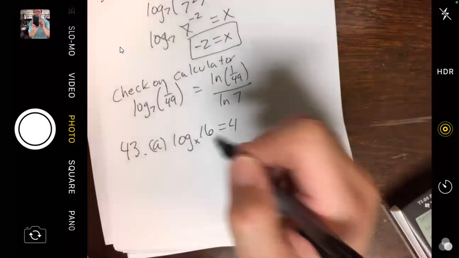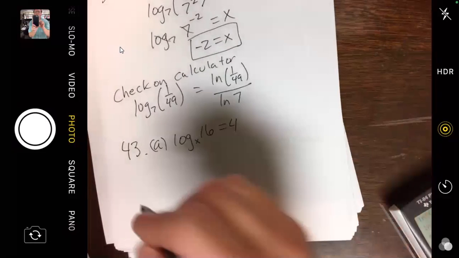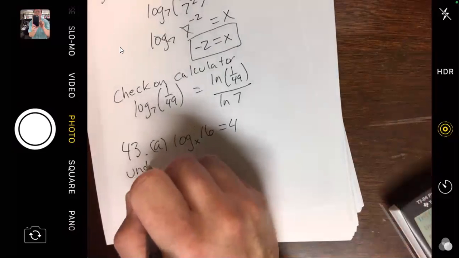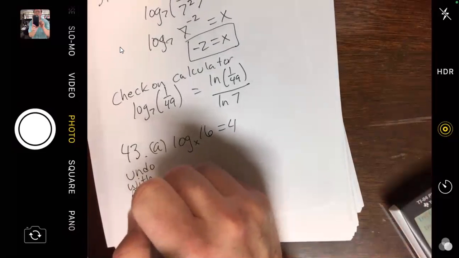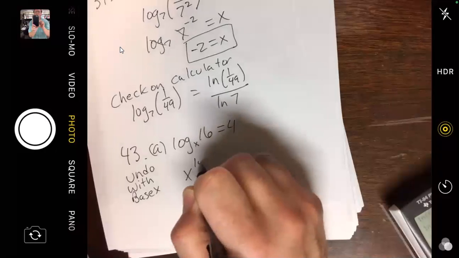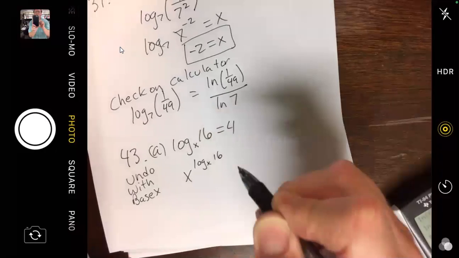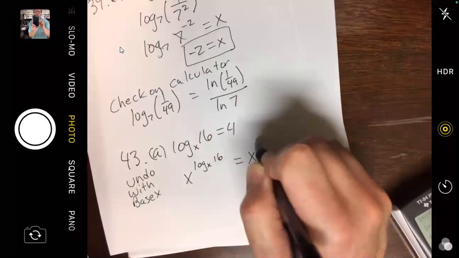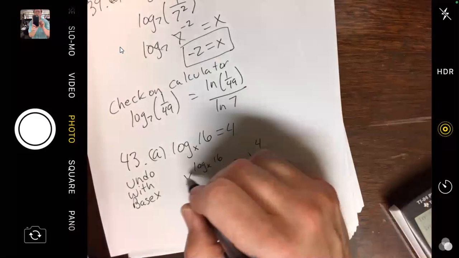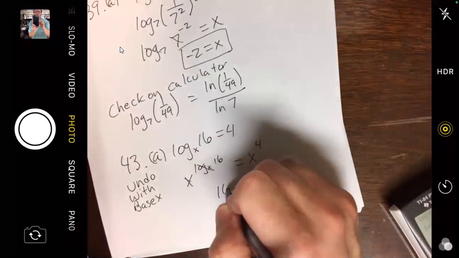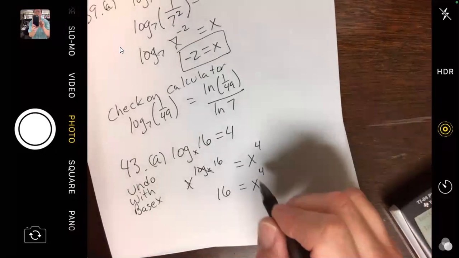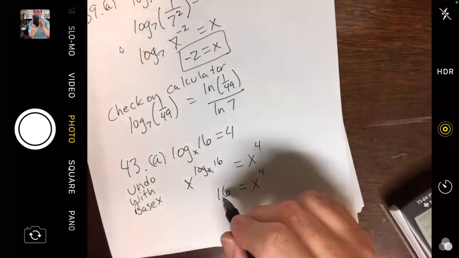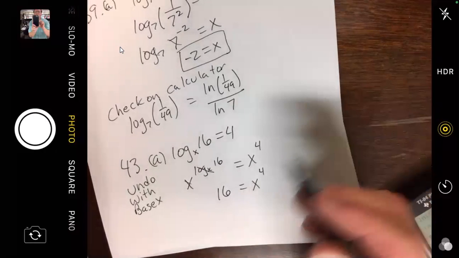Well, this is a little more thing you got to undo with base X. X to the log base X of 16 is equal to X to the 4th. These undo, leaving the 16. X to the 4th. If you remember your numbers, what to the 4th would give you 16? You can tell it has to be 2.